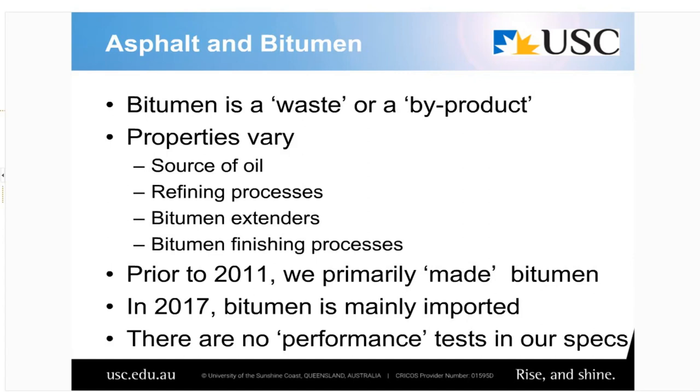Somebody's asked about the 1% lime. Lime in asphalt can do one of two things. Lime is usually incorporated into asphalt as a fine white powder, and it's metered in with the other dry products during the asphalt production and mixing process.